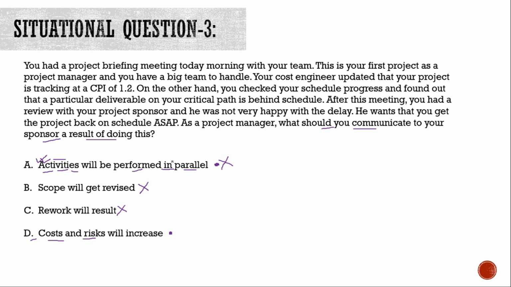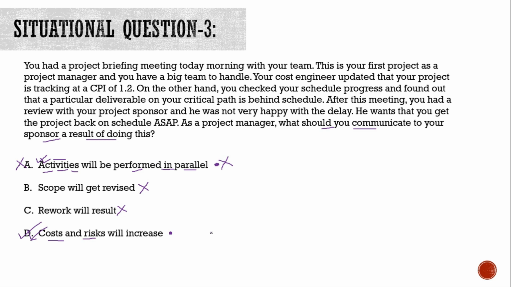So option A is a very close option and is beautifully written to just fool you or to trick you into selecting the option which will be a wrong option. Okay, so with that, we say that option A is also a wrong option because it does not give any detail in terms of which activities will be performed in parallel. So the correct answer is option D, which is costs and risks will increase.